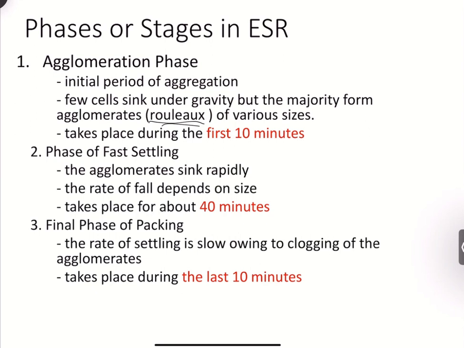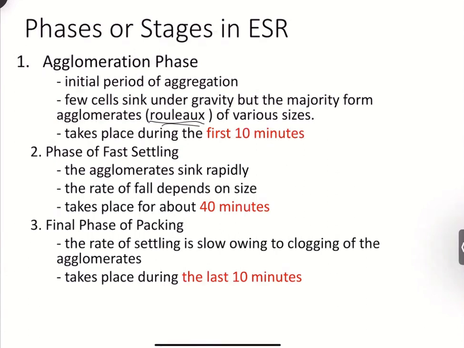Next is the phase of fast settling. The agglomerates sink rapidly to the bottom of the tube. This rate of fall depends again on the size of your RBCs. This takes place in about 40 minutes. And then you have the final phase of packing. The rate of settling is slow owing to the clogging of the agglomerates.